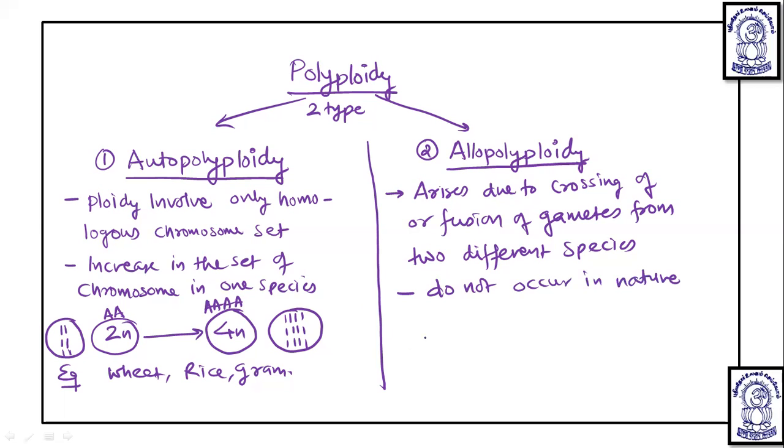And the examples of allopolyploid, number one, Raphanobrassica, and number two, that is Triticale. Now let's see how Raphanobrassica and Triticale are produced.